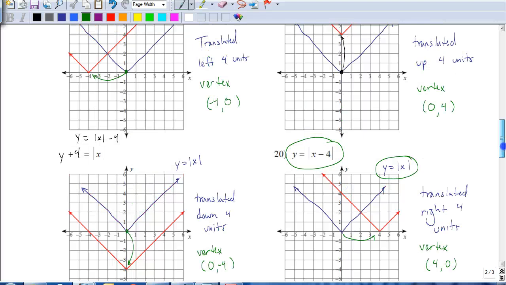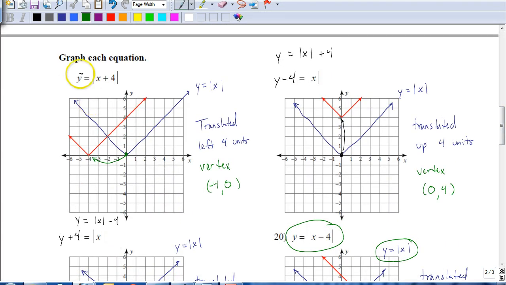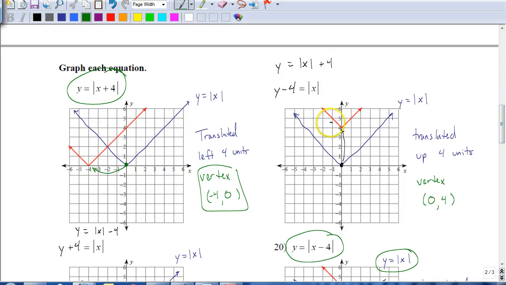Or let's go back up to this one where we have x plus 4. Our vertex is at negative 4, 0. If I were to take x minus negative 4, it becomes x plus 4. And there's nothing happening to the y, so the y stays the same. Now let's look at these other two examples where it was shifted up and down.